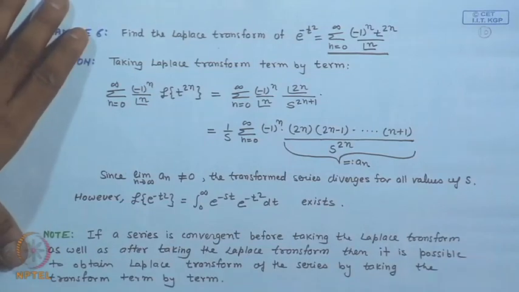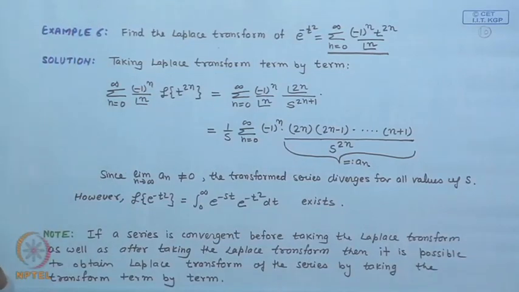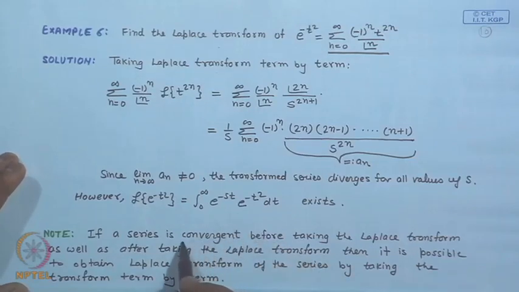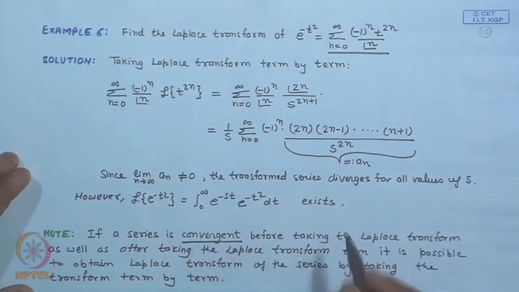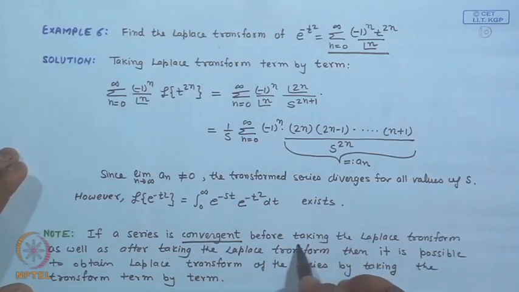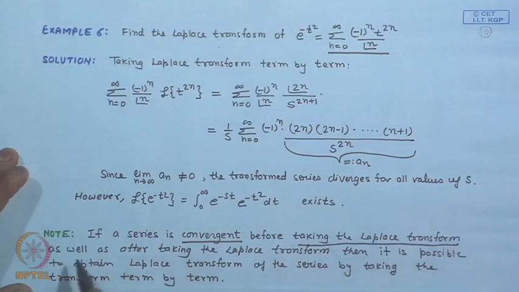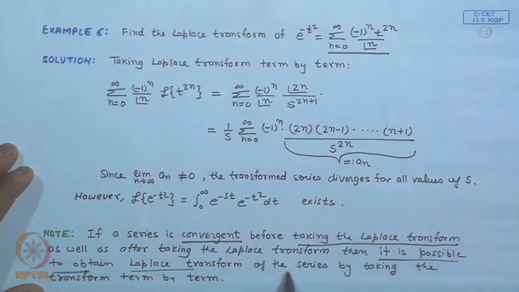Just a note about this without going much into the detail. If the original series is convergent, and the series after taking the Laplace transform is also convergent, that means both the original and the transform series are convergent, then it is possible to obtain the Laplace transform of the series by taking the transform term by term.